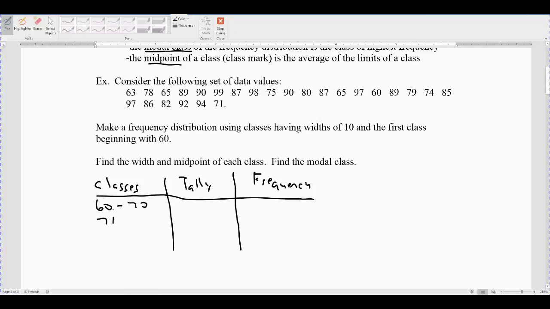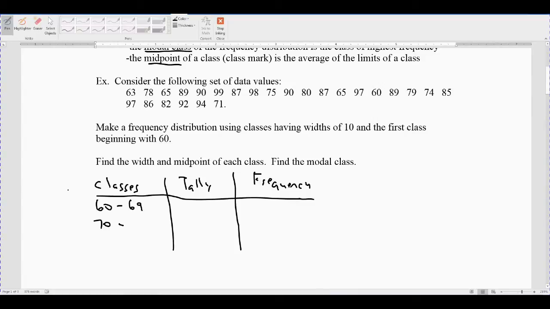That's not correct, because 71 minus 60 equals 11. For it to be the class width, it must equal 10. So if we start this class at 60, we must start the next class at 70, because 70 minus 60 is 10, which means the first class is 60 to 69.